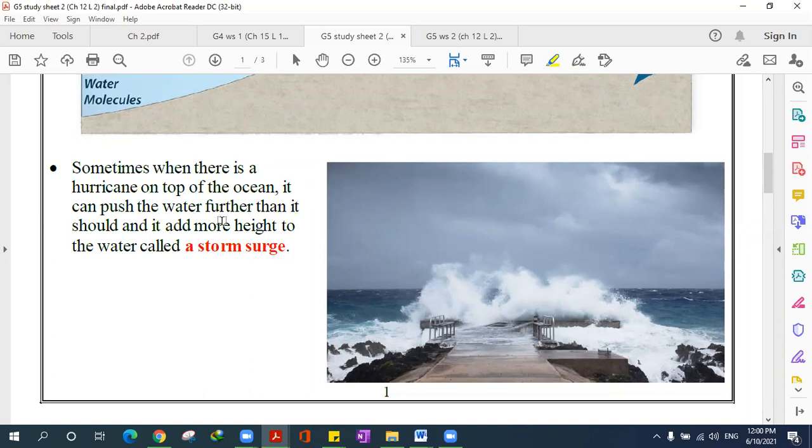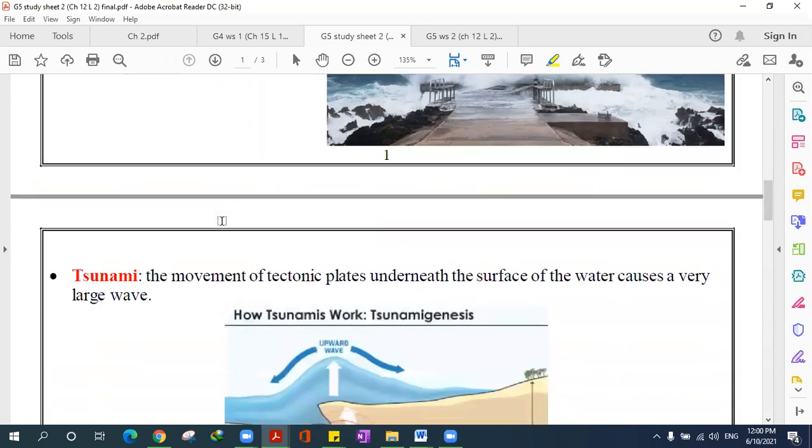This fast moving air will cause the water to also be pushed toward the land. And this is what we call storm surge, which is a dangerous thing. This is really high waves because of the hurricane. This air is going to push all the water, or all the waves, toward the beach, which is going to be so dangerous.